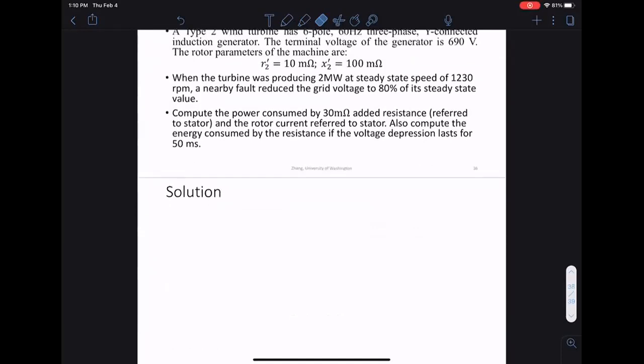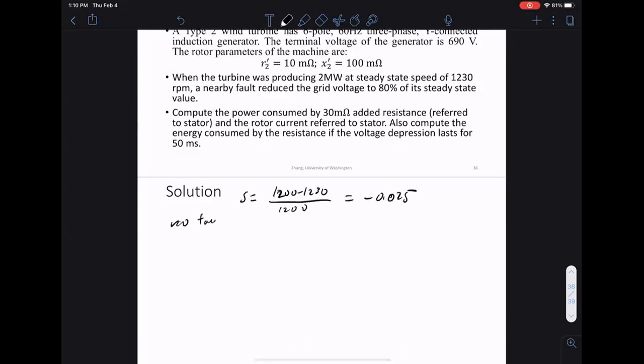So what we can do first is compute the normal situation, when there's no fault. At steady state, there's no added resistance.